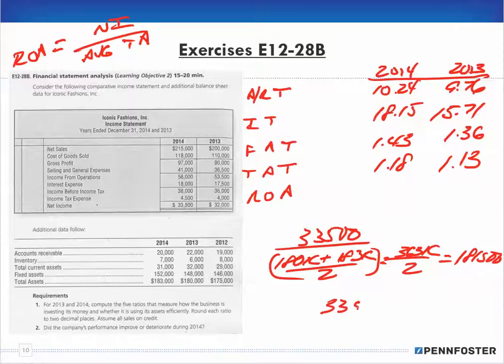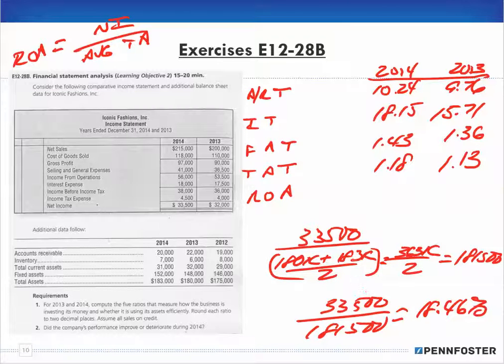So 33,500 divided by 181,500 gives us 18.46%. Okay, pause the video.